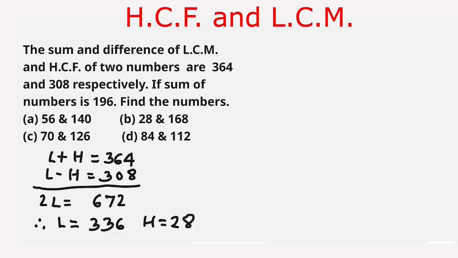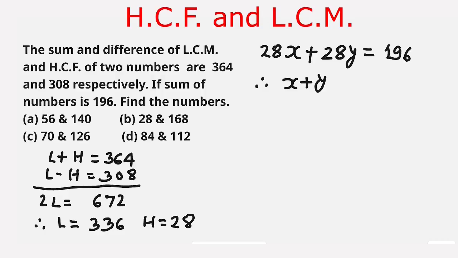Now we assume the numbers 28x is one number and another number is 28y, as their HCF is 28. And this sum given to us is 196. Therefore, x plus y equal to 196 divided by 28 is 7.